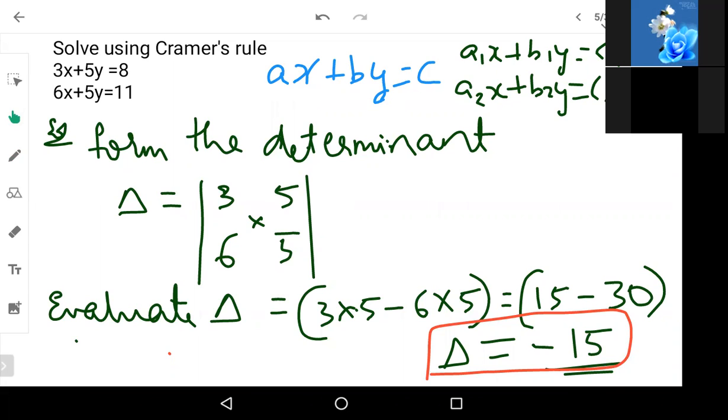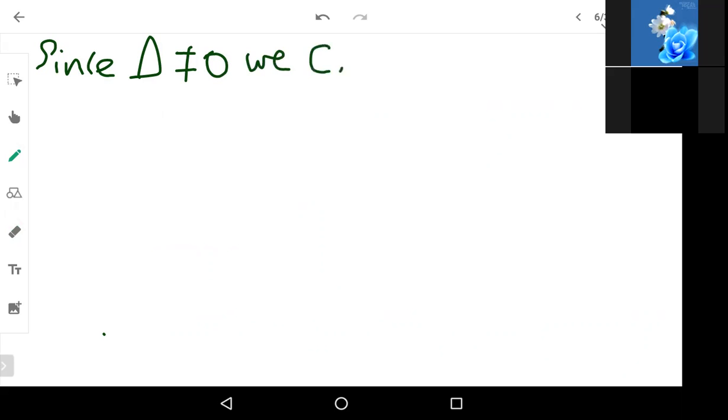Okay, you have to write that down, saying since delta is not equal to 0, we can proceed.